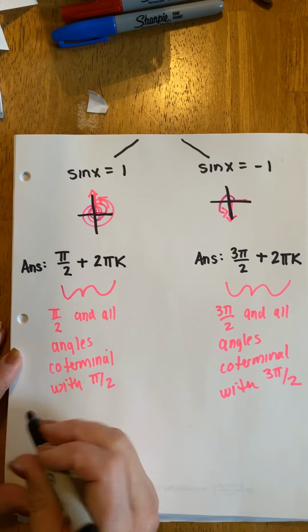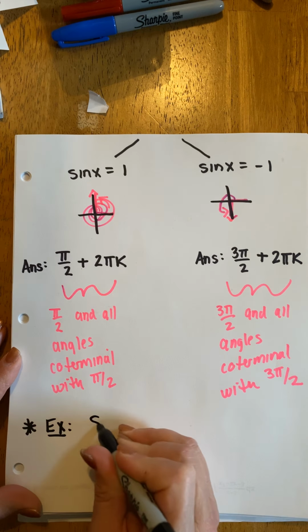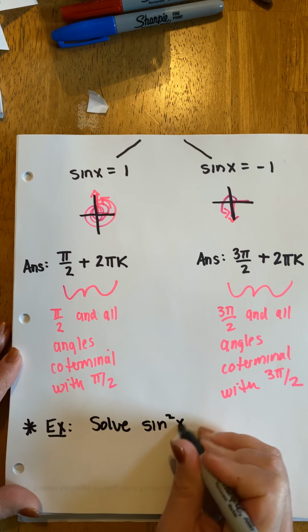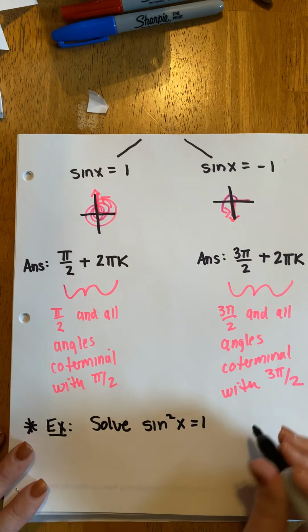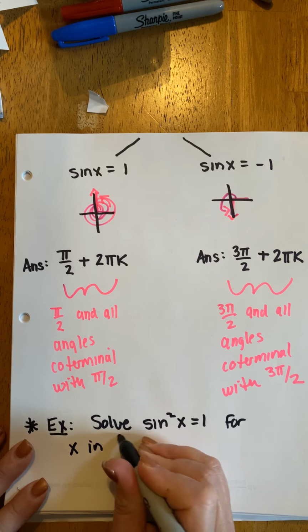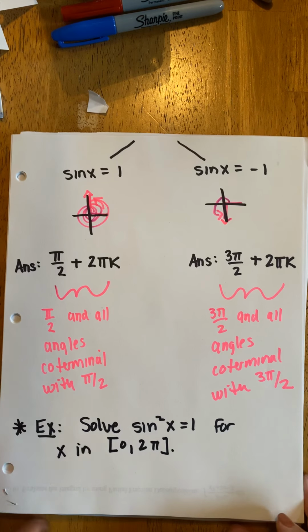Careful, the question may be worded like this: solve sine squared of x equals 1 for x in 0 to 2 pi, or something along those lines.